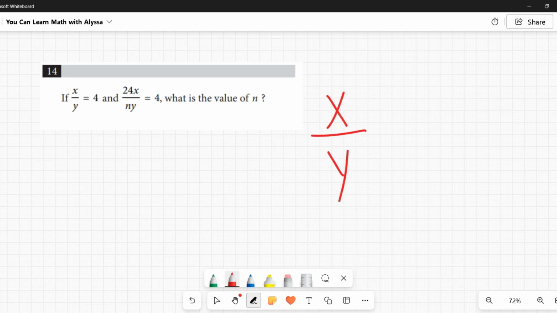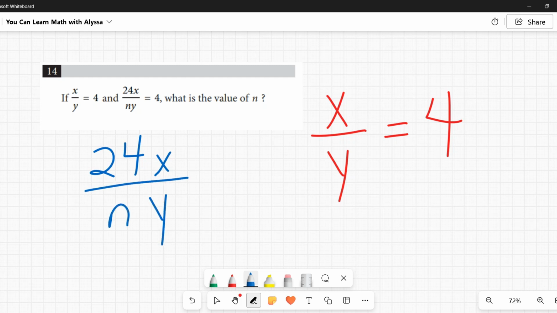So x over y is equal to 4. Okay, and then separately, actually I'm going to use a different color. Be very fancy. 24x over ny is also equal to 4. So it's the same. Nothing has changed. There's a couple of ways we can look at this.